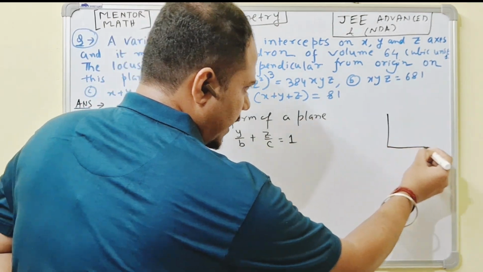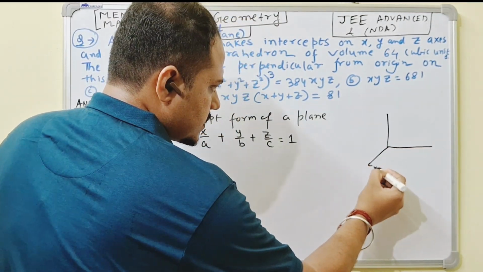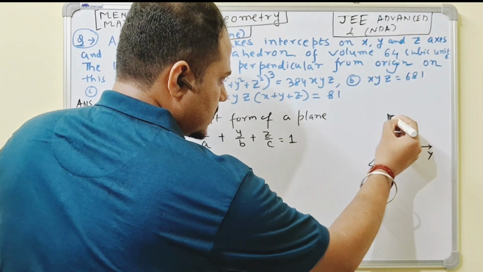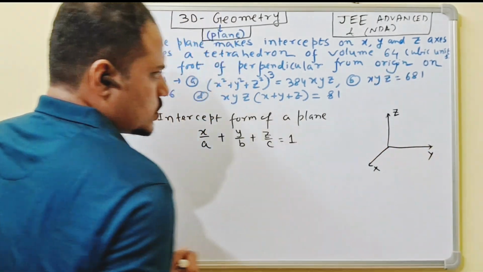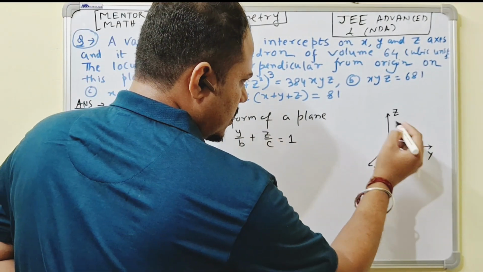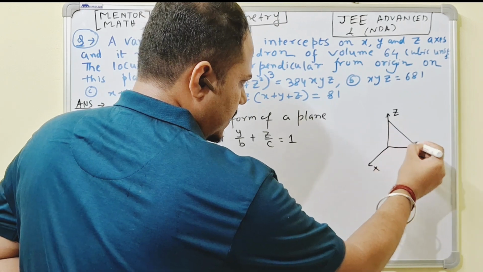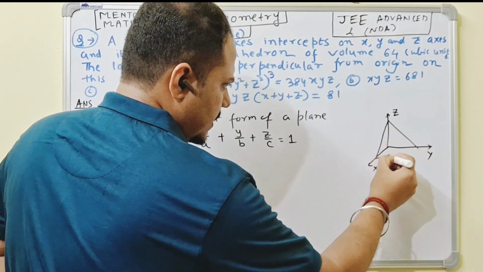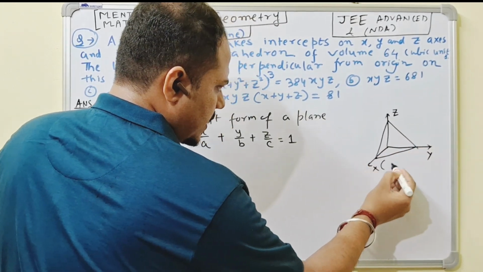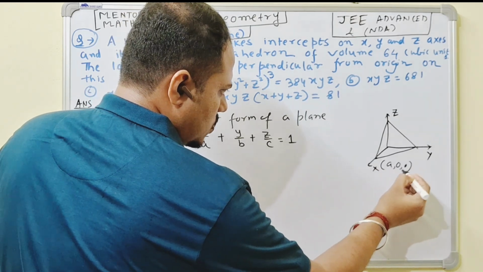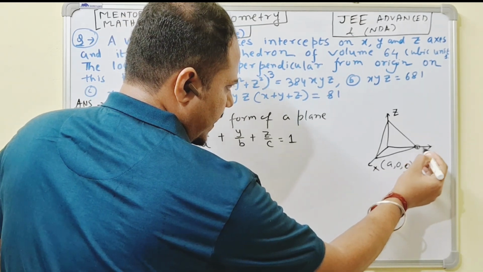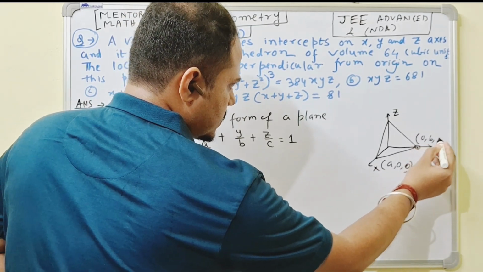Look at this diagram also. You can draw the diagram: x axis, y axis, z axis. Okay, so for the intercept form, you can draw it this way. This point on the x-axis you can take as a, 0, 0. This point on the y-axis is 0, b, 0.